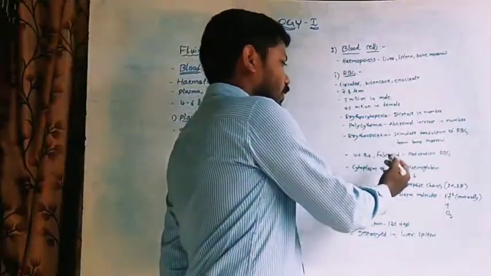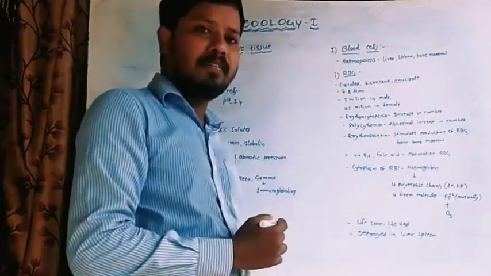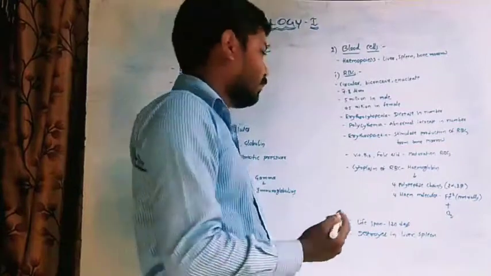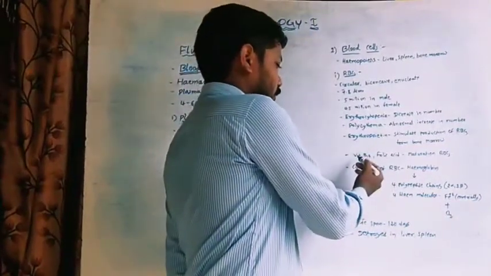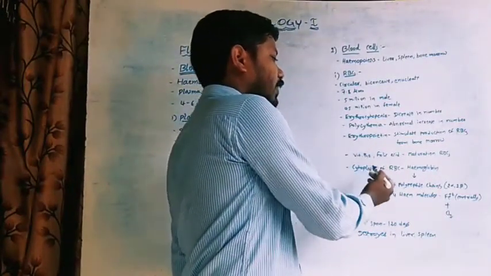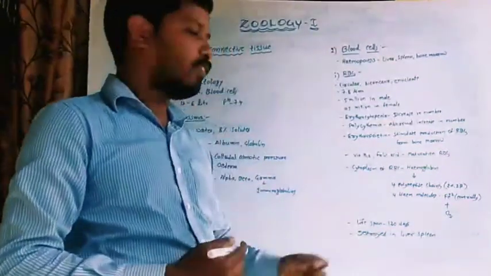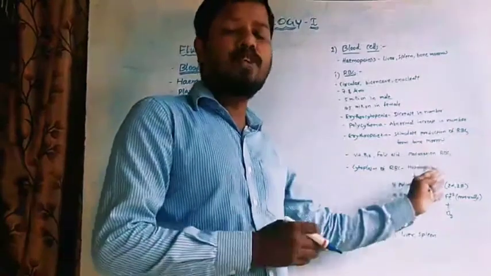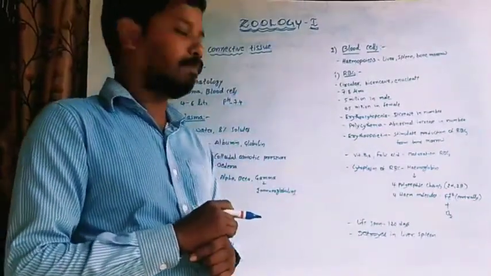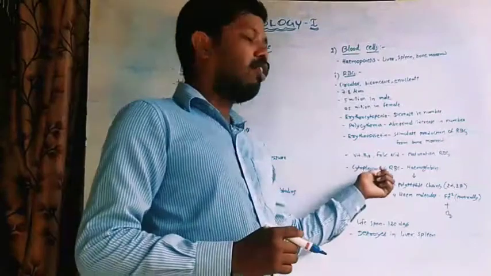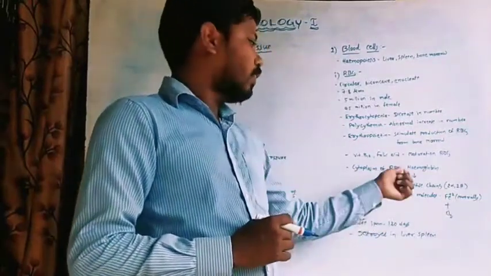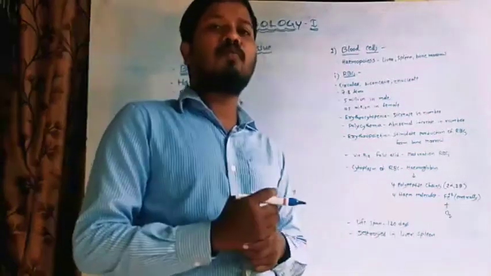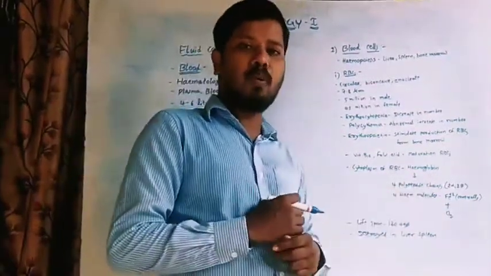RBC maturation requires vitamin B12 and folic acid. The cytoplasm of RBC consists of the respiratory pigment or chromopigment called hemoglobin.